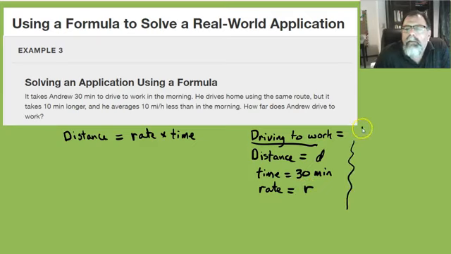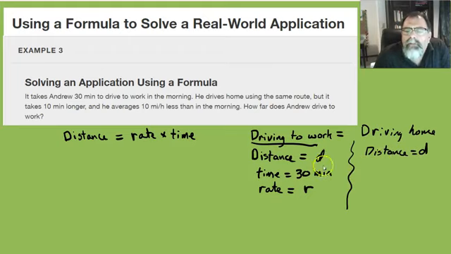And then driving home, the distance, well, it's the same. He's doing the same route, so it's the same D. So this is where we're going to get an equation.